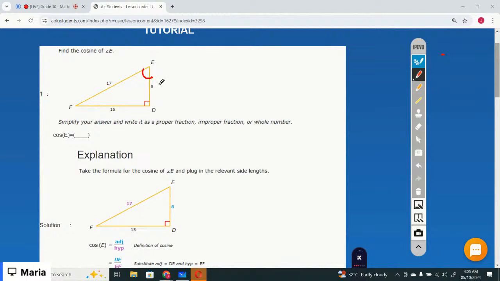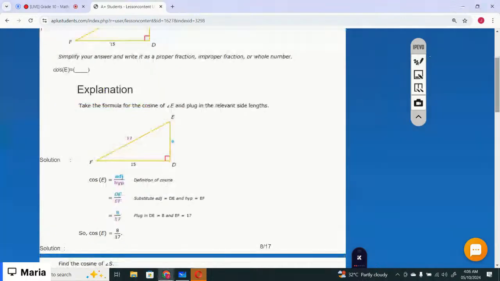ED is the adjacent of angle E, and this is the hypotenuse. So adjacent over hypotenuse is 8 over 17. So that is cos E, 8 over 17.